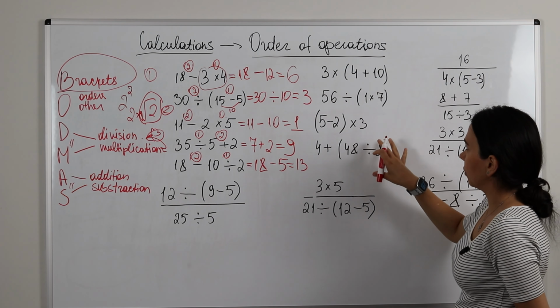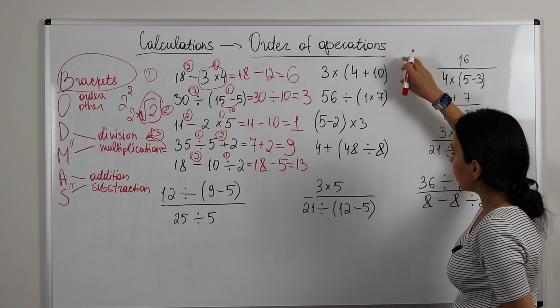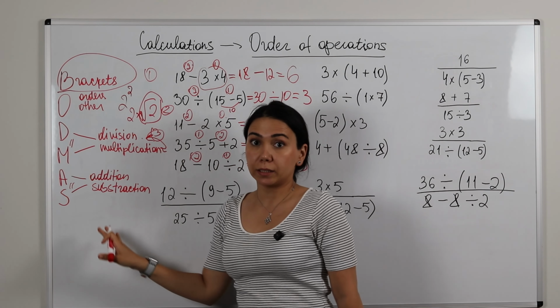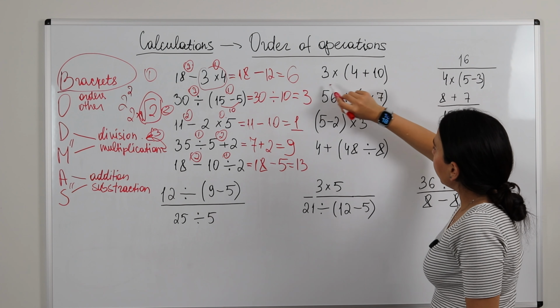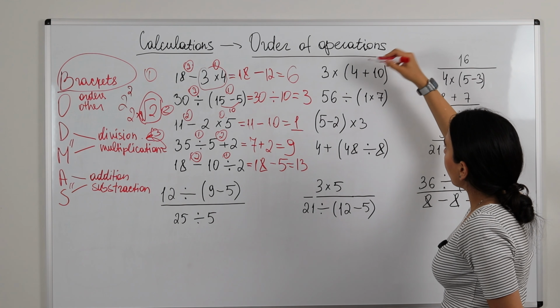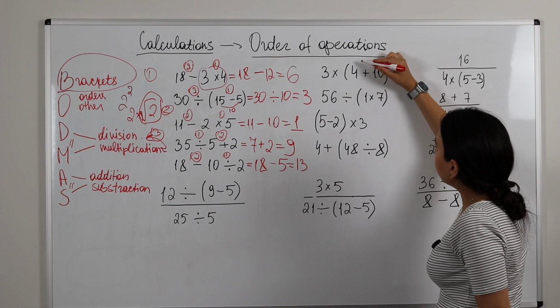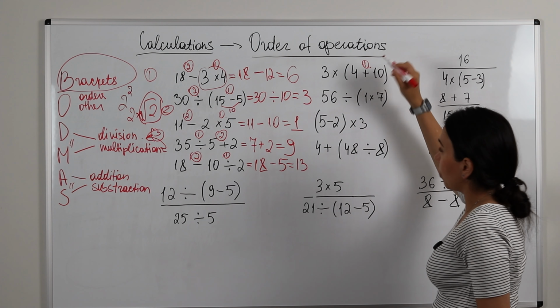Here we have more brackets, okay? And by the rule of thumb, brackets in BODMAS always come first. Meaning that in 3 multiplied by brackets 4 plus 10, that's an addition, but it's in a bracket, so we do this first.